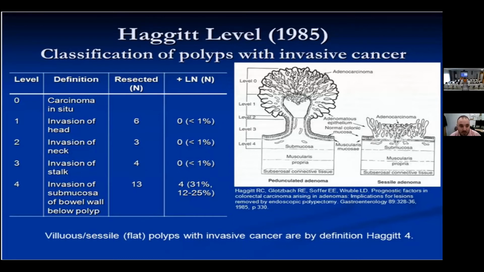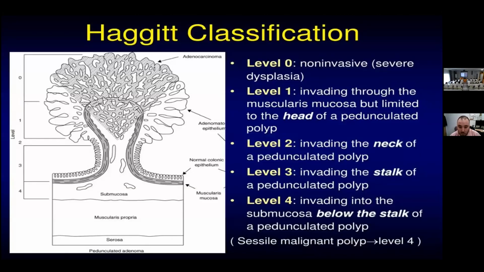As you can see here, there are different levels, and there's a different chance starting from less than 1% up to 25% when the polyp has not been excised fully, or the invasion in that polyp or the polyp stalk has progressed, in which case about a quarter of the patients might have lymph node involvement, even if the polyp has been removed in full.